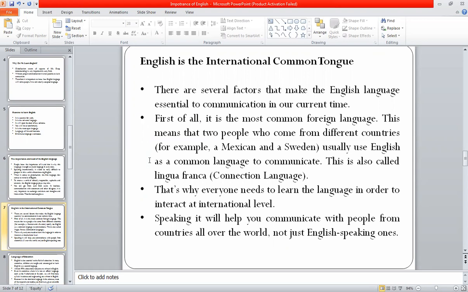There are several factors that make the English language essential to communication in this current time. Currently, if you want to be in the race for a job, the first condition is that we have to have the knowledge of this language.